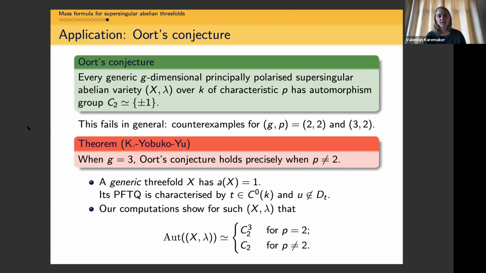So then our computations, which tell us a lot about the automorphism groups, we can actually go a bit further and show precisely that these automorphism groups are C2 cubed when P is 2, so too big, and they're C2 when P is not equal to 2. So this shows that Oort's conjecture holds in this case. And I'll end here. Thank you very much for your attention.